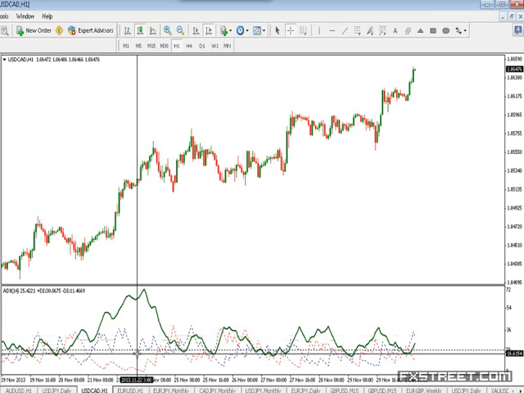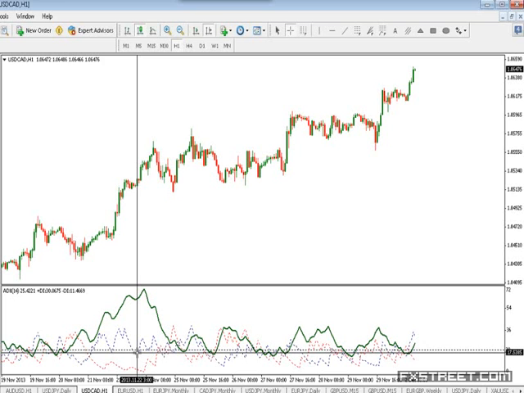Now, the characteristic of the ADX is very simply this: when the reading of the ADX is somewhere around 20, it means that a trend is expected to start from here. So first and foremost, the use of the ADX is that if it is close to 20, it is expected to start moving out from the oversold area of 20.